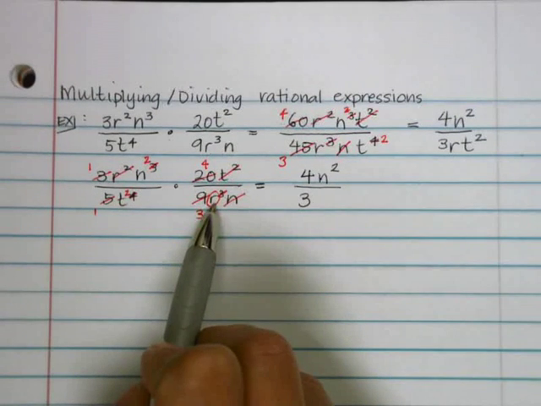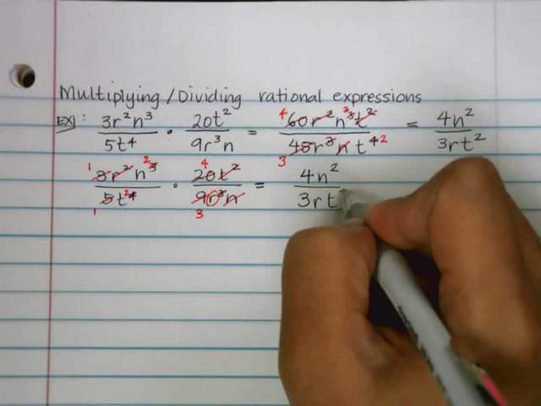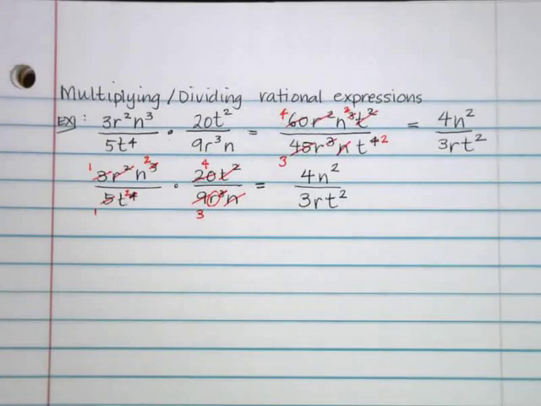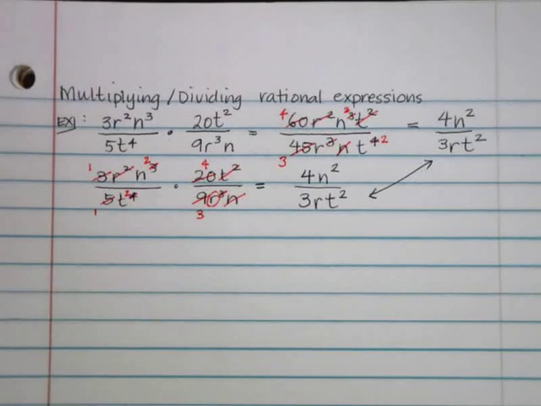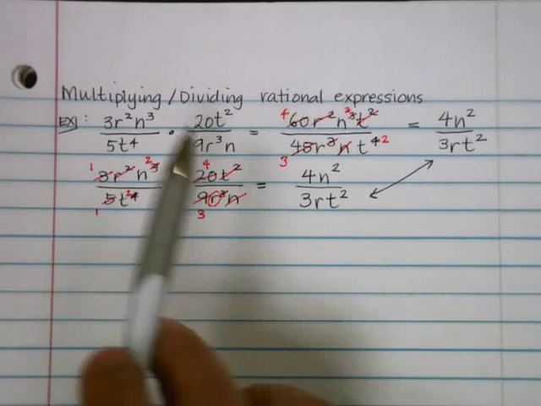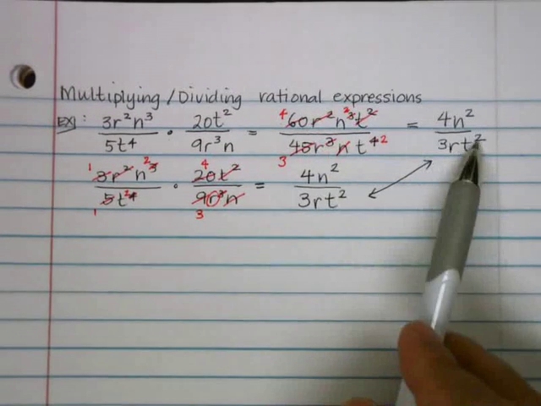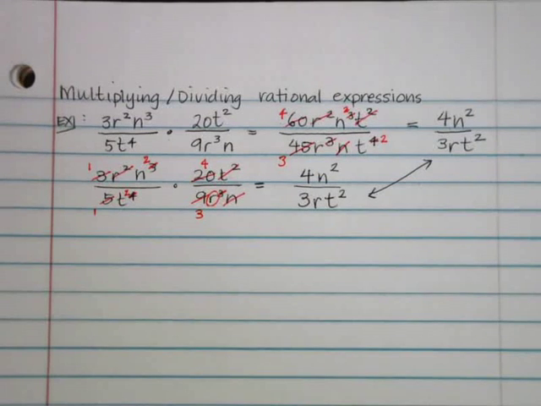Now, normally we write this variable first because r comes before the t. So let's write that first, r t squared. So you see that even though you're using two different methods, you still end up with the same answer. So I'm giving you an option to decide which method you want to do. You want to multiply across the top and then simplify later, or you want to simplify from here. That's up to you, whatever works for you.